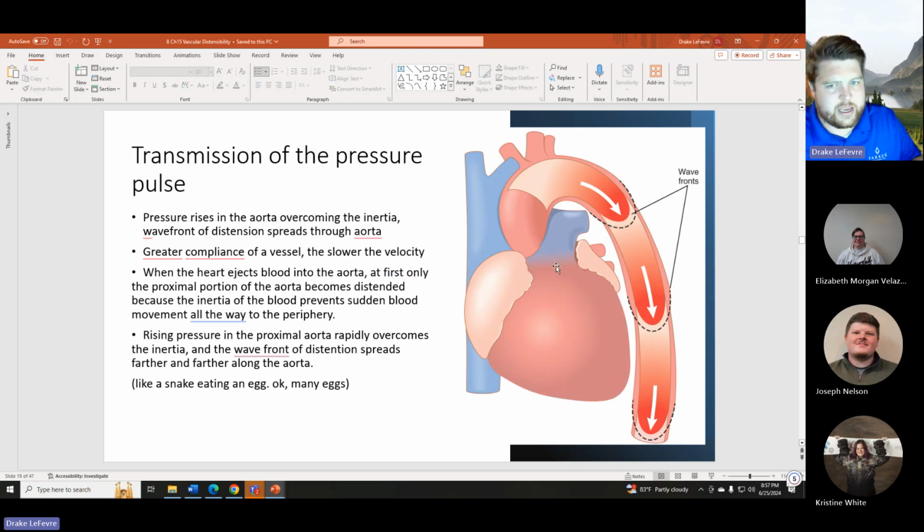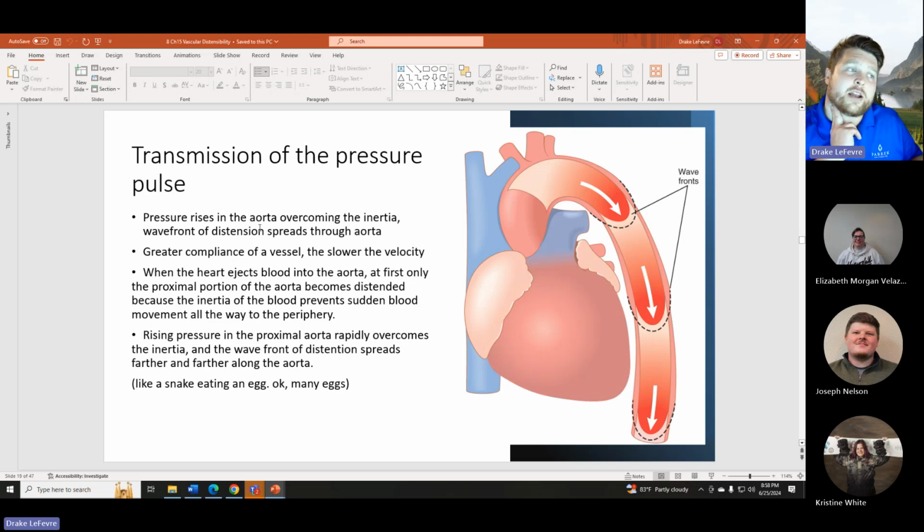Okay, so in normal speak, when new blood pushes in, it takes time for that new blood to push along all the rest of the blood, because physics. That's all you really need to know. And so you get these waves that go out, push, push, push, and that is actually what you feel as our pulse.